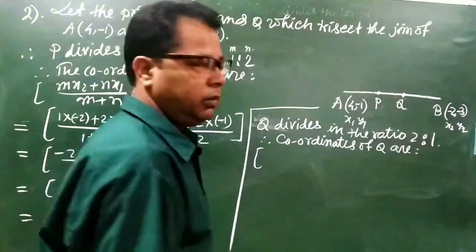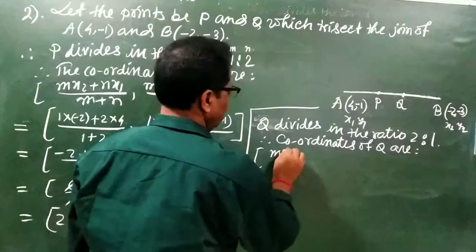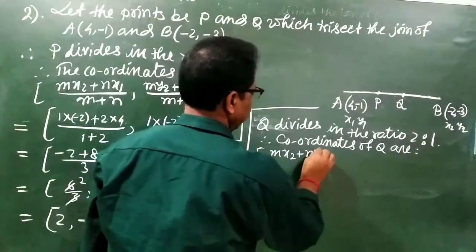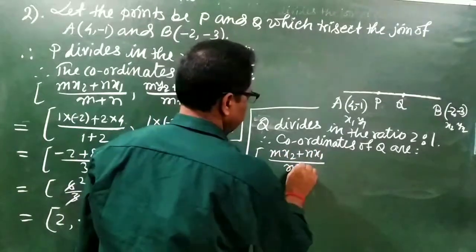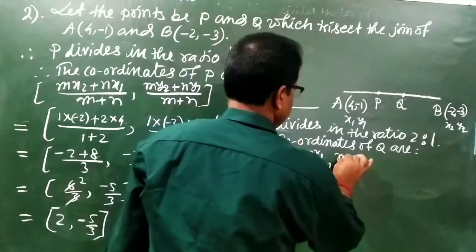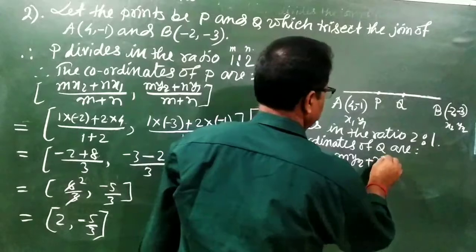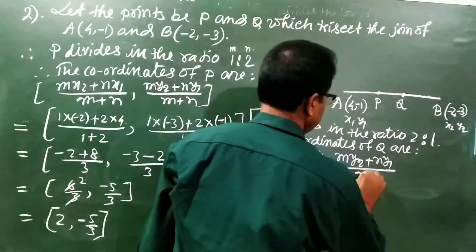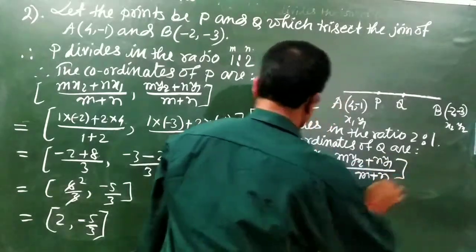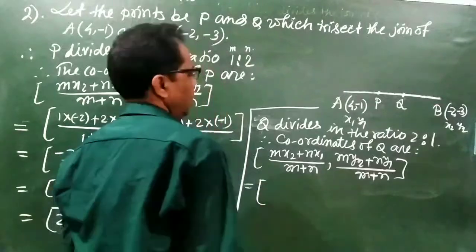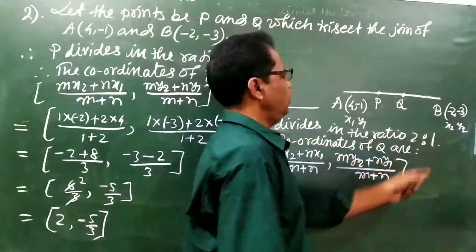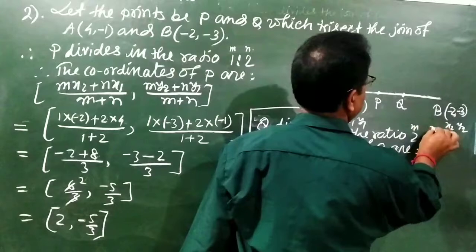same section formula to be applied here, mx2 plus nx1 divided by m plus n, my2 plus ny1 divided by m plus n. M, which ratio? This is 2:1, so this is the value for m, this is the value for n.